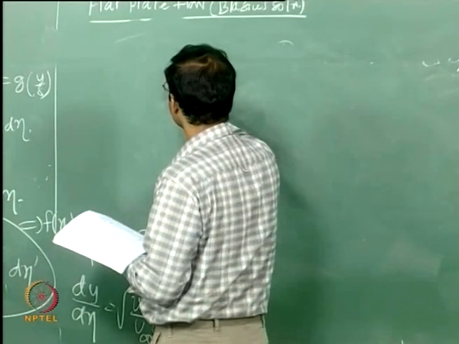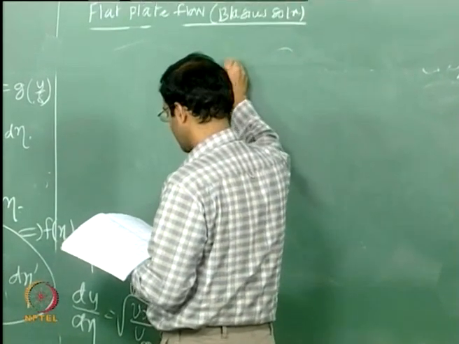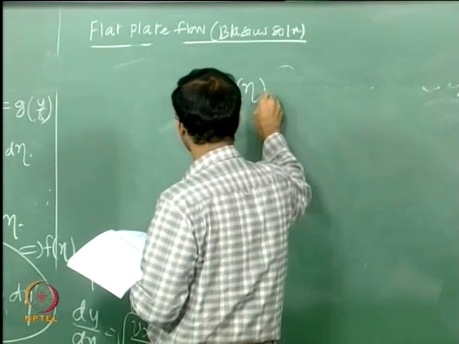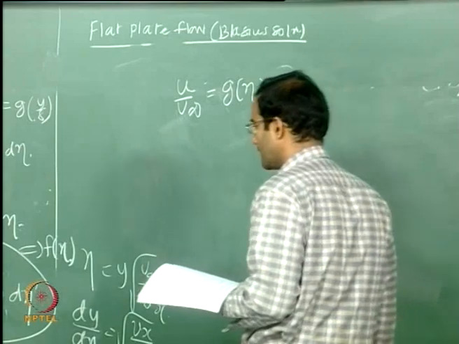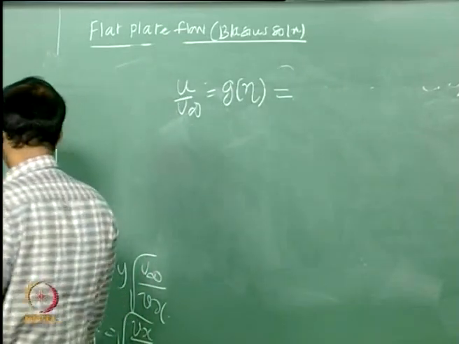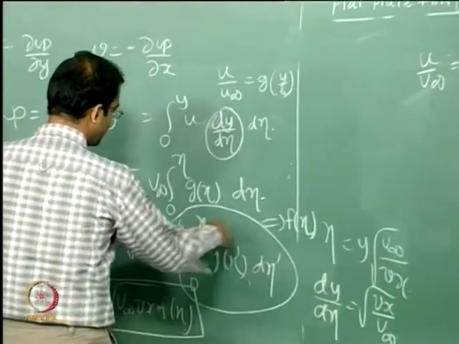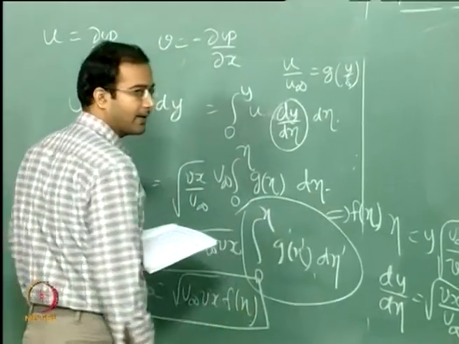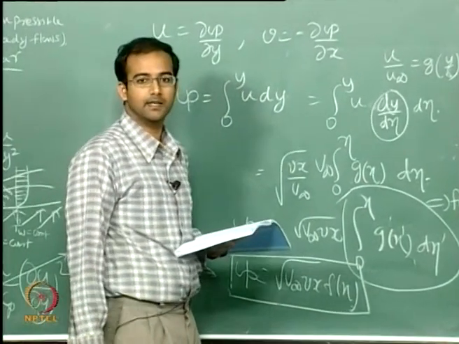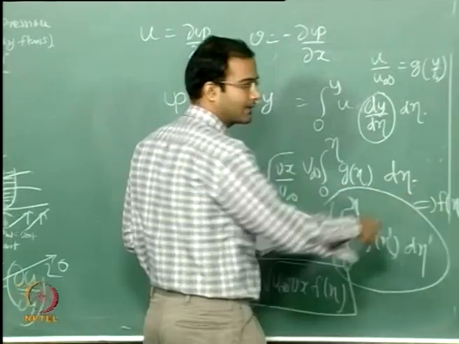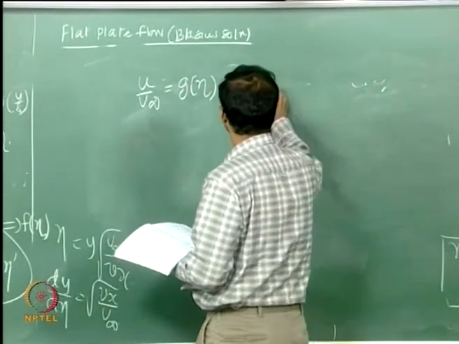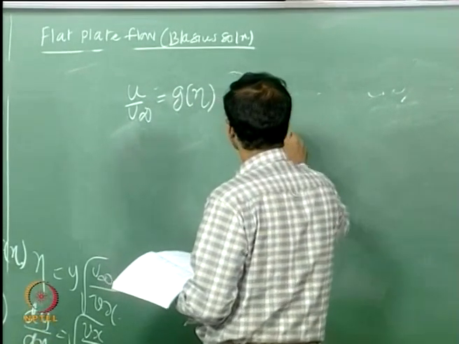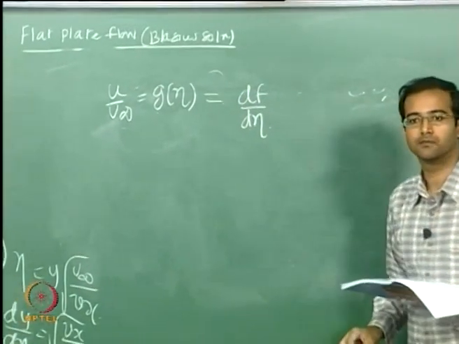Your u by u infinity we already know is g of eta, and g of eta, if you look at this definition, is nothing but df by d eta, because the integral of g of eta is f of eta. So therefore g of eta has to be df by d eta, that's right.